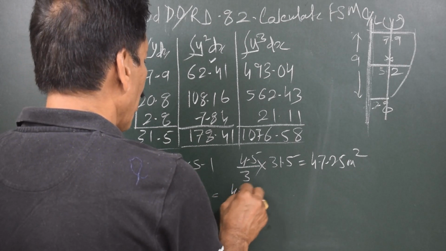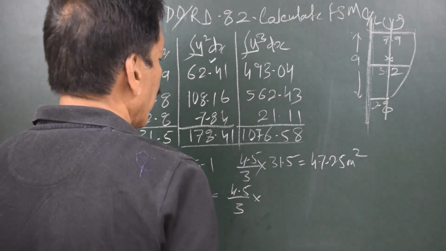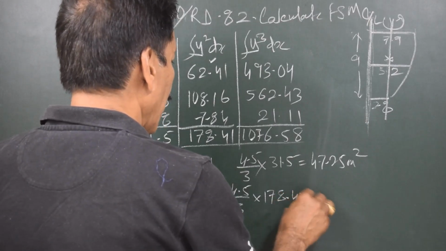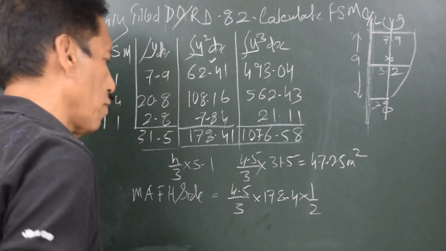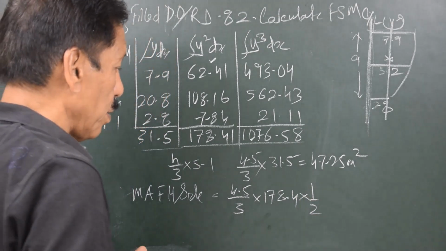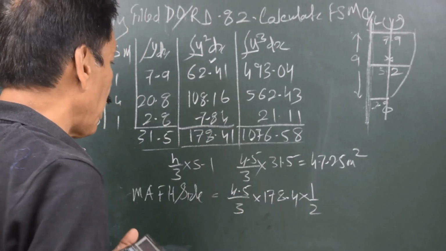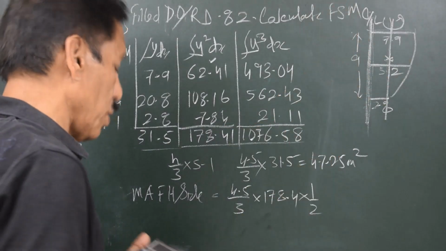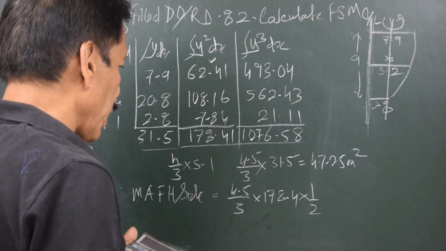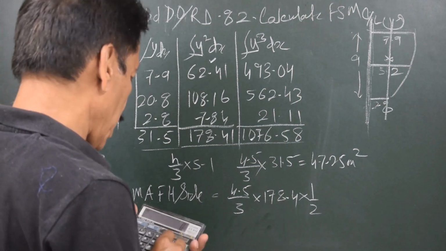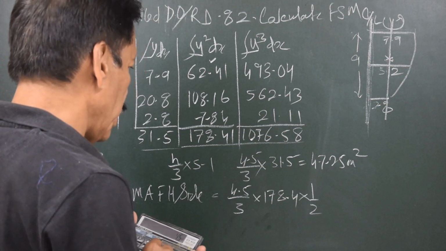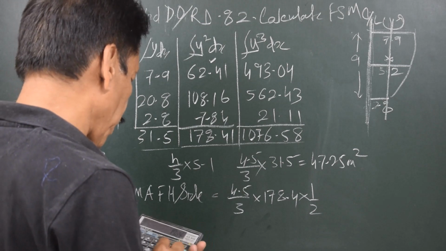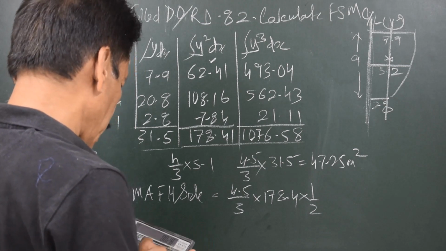Moment of area about the flat side will be 4.5 upon 3 into sum 2, that is 178.4 multiplied by half. Half is part of the constant that has to be multiplied when we want to find the moment of area when the ordinates are perpendicular to the reference axis. So it is 4.5 into 178.4 divided by 6.